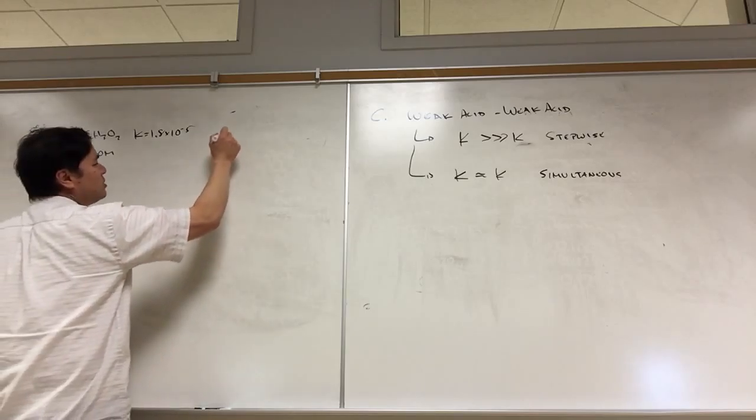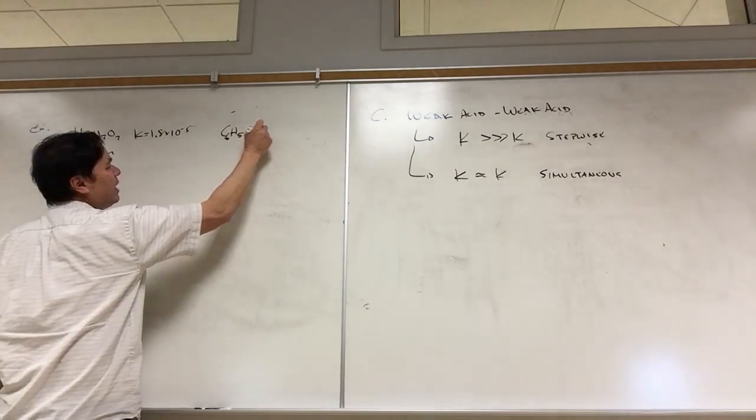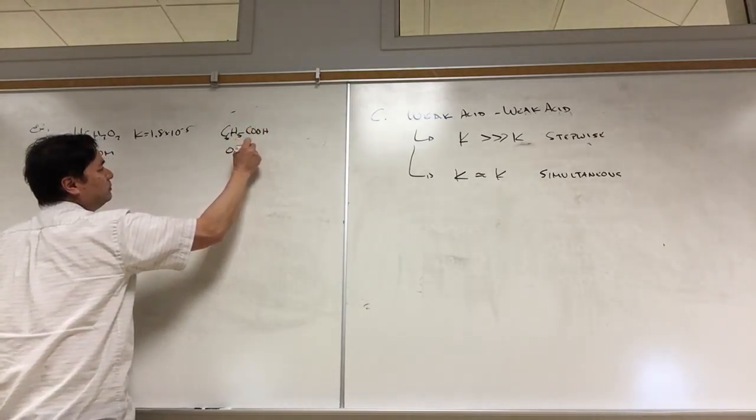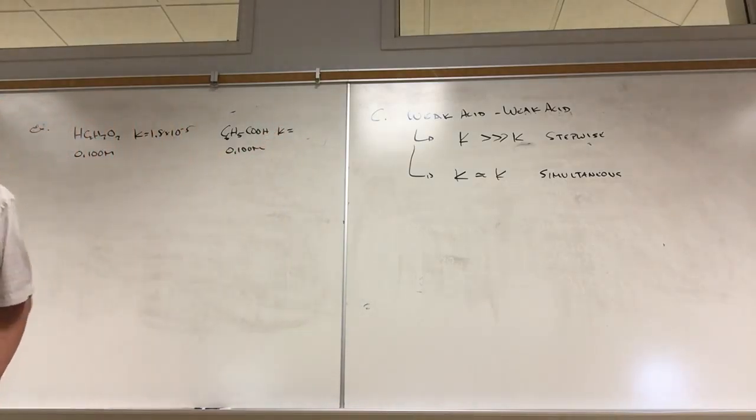Then benzoic acid, which is C6H5COOH, 0.100 molar. What's the K for benzoic acid?